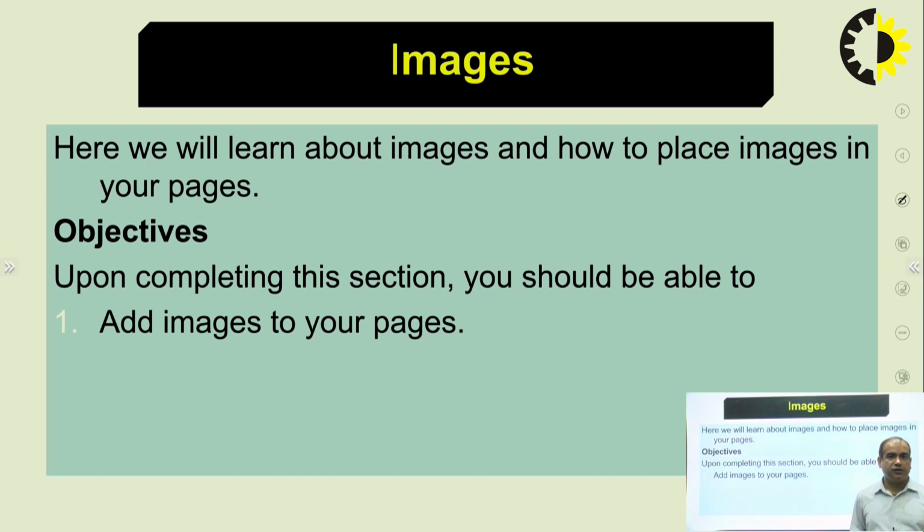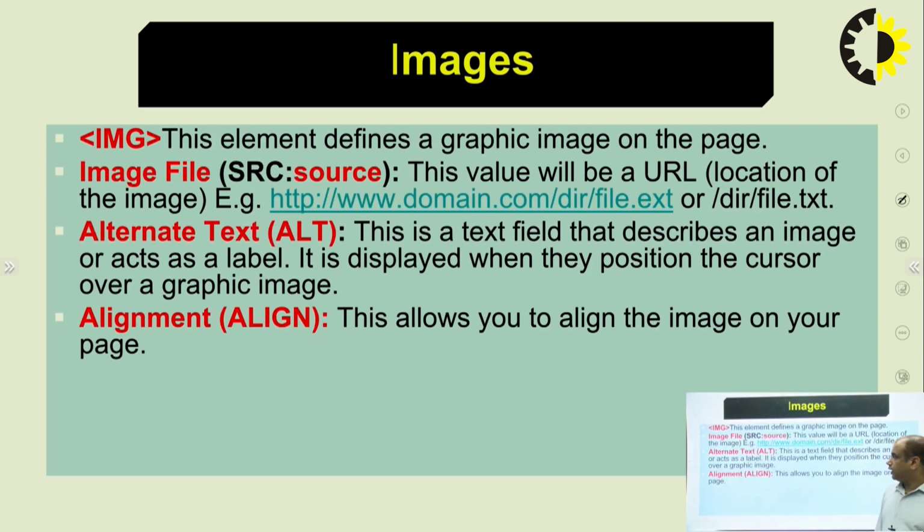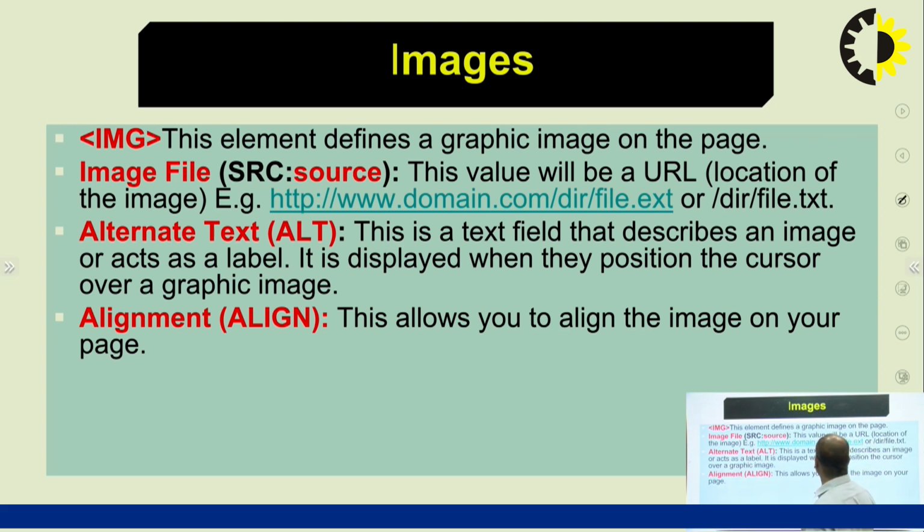If I wish the image to be inserted at any position on the web page, we will use img src. So img is the tag to insert any image. This element defines a graphic image on the page. The image can be of any type: JPG, PNG, or any other extension.